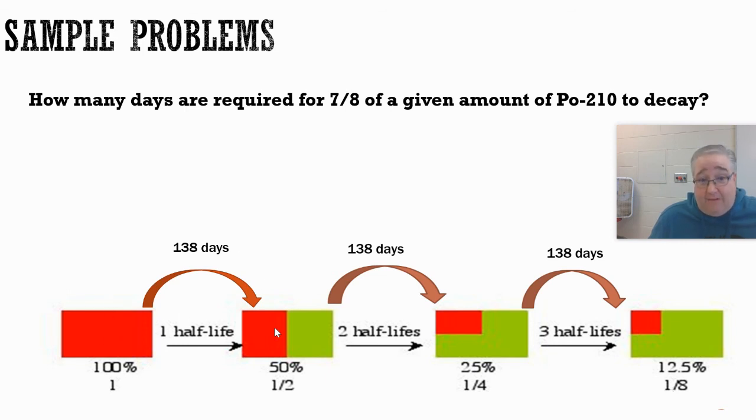Because after one half-life, half of it remains, 2 half-lives, a fourth remains, 3 half-lives, an eighth remains, or 7/8 has decayed. So all you have to know is that polonium-210 has a half-life of 138 days, and 138 times 3 is 414. So 414 days have gone by for 7/8 of a certain amount of polonium-210 to decay.